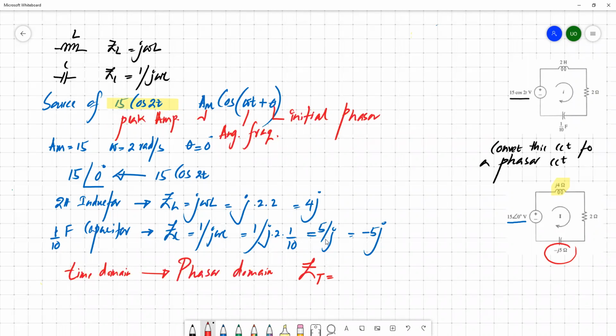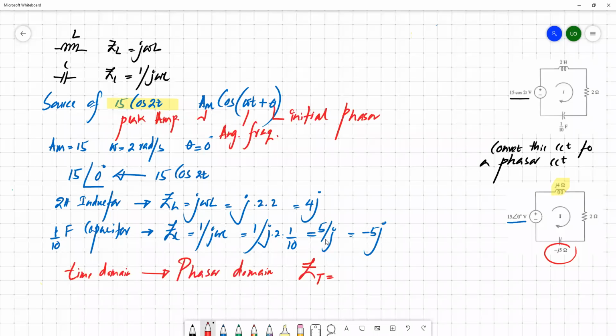So how do you evaluate the total impedance of the circuit? Those elements are series connected to each other, so if it is a series set of impedances, you can just sum them up. Like in resistors, if you have a series set of resistors, you can just add those values to evaluate the equivalent or total resistance.